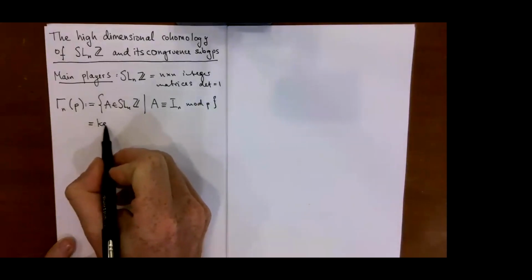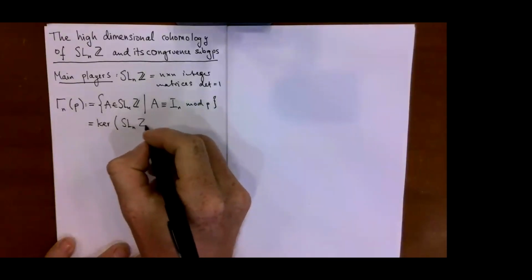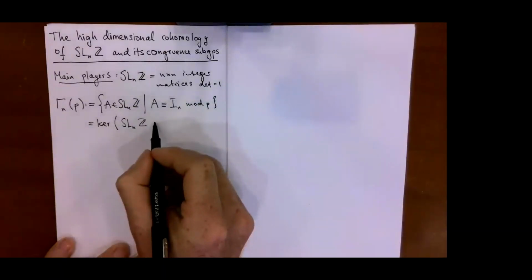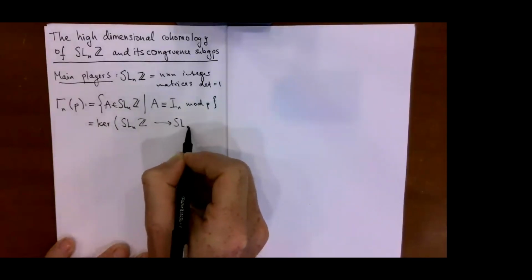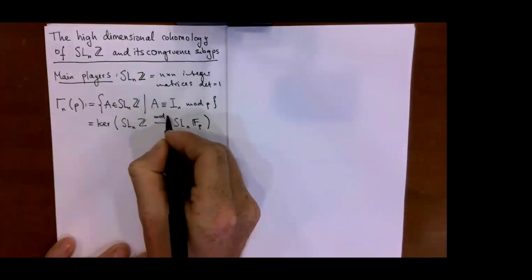Another way of framing this is the kernel of the reduction map from SL_n(Z) to SL_n(F_p), or Z mod p if p is not a prime. So this is the reduction map mod p.